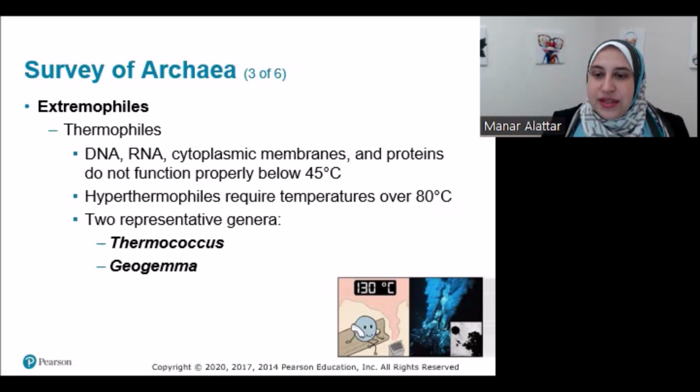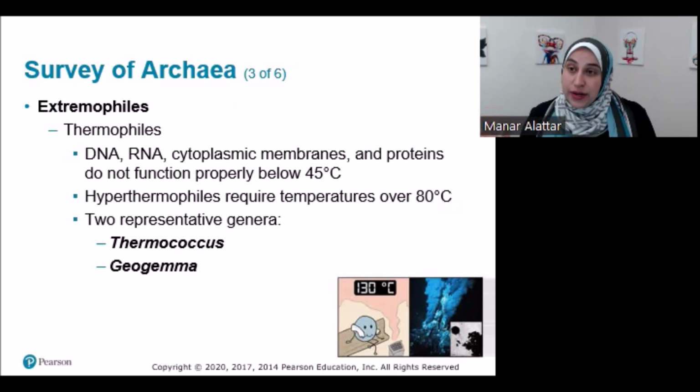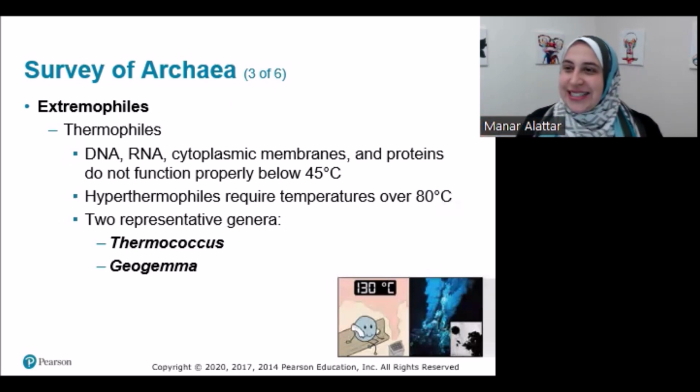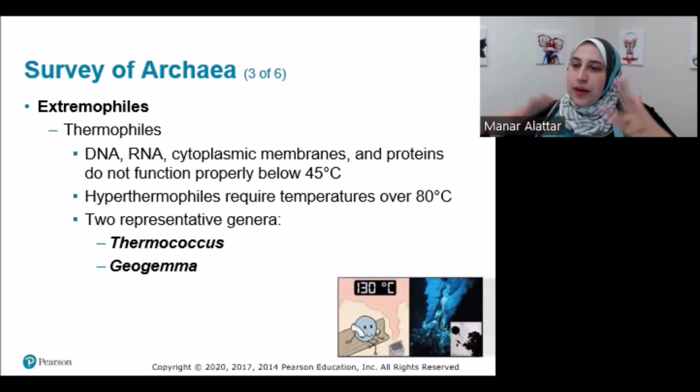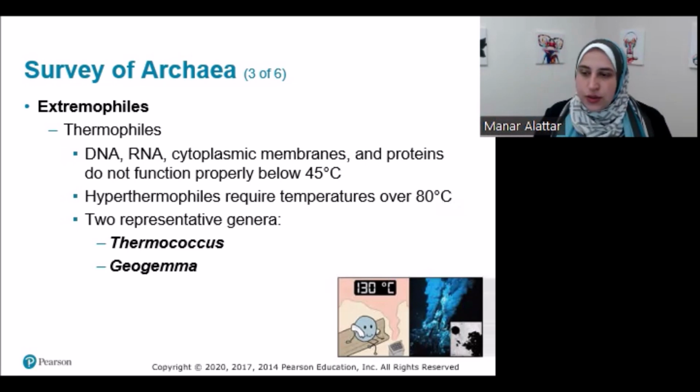Geogemma lives in deep sea thermal vents, and it's able to survive at a maximum temperature of about 130 degrees Celsius, which is about 266 degrees Fahrenheit, so it could essentially survive in your oven. But it actually grows and reproduces most optimally at a slightly lower temperature at about 120 degrees Celsius or 250 degrees Fahrenheit, which is still significant.